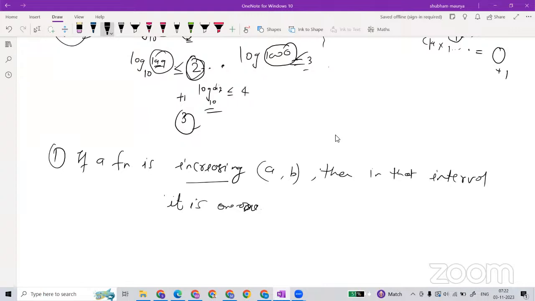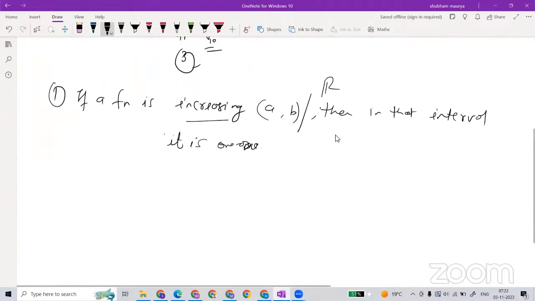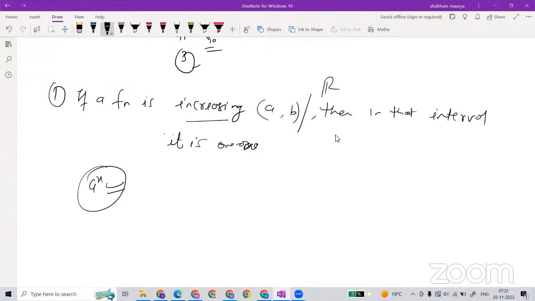If it is increasing for the whole real line, then for the whole real line it is going to be one-one. So exponential has this property. Exponential is strictly increasing, a power x is strictly increasing.